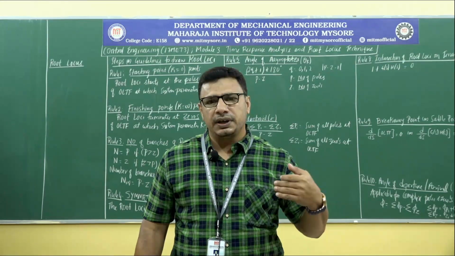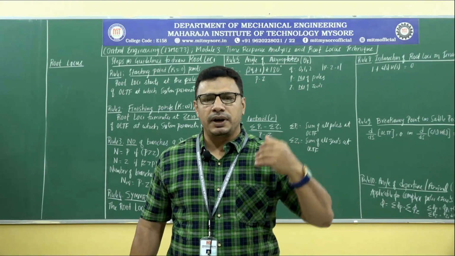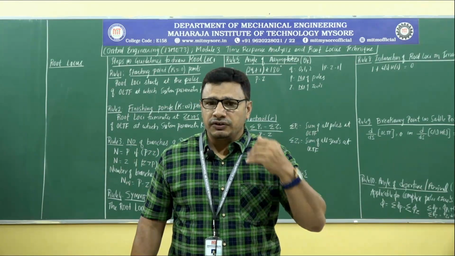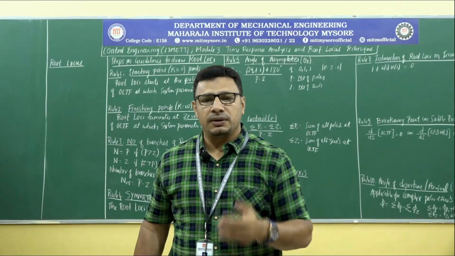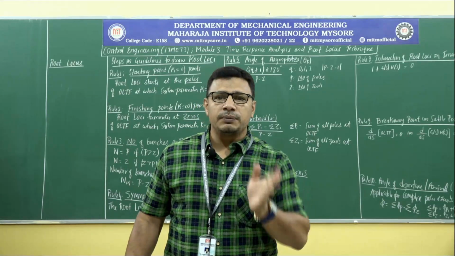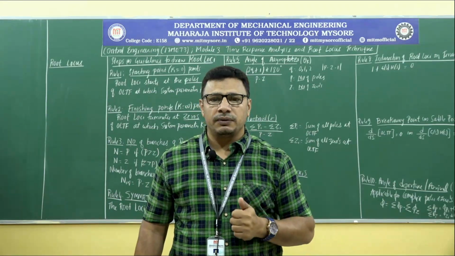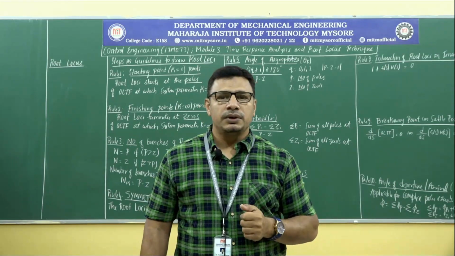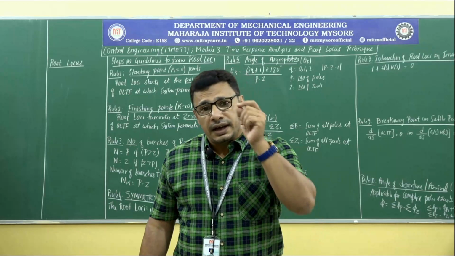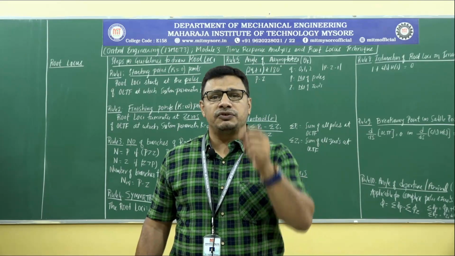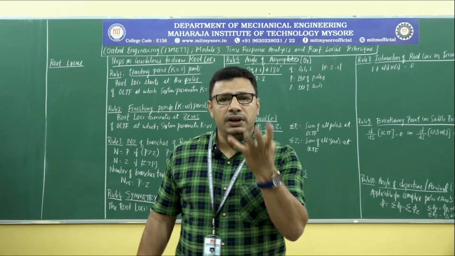So from the beginning it may continue to be stable. You just keep on adding the input, then a stage will be reached where the system says enough, and the system becomes unstable. What is the value of that input parameter at which the system becomes unstable? It is very important information, and you will be able to know it from the root locus technique. Then, at the point where the system becomes just unstable, what will be the frequency?